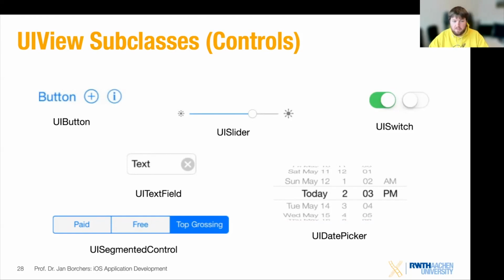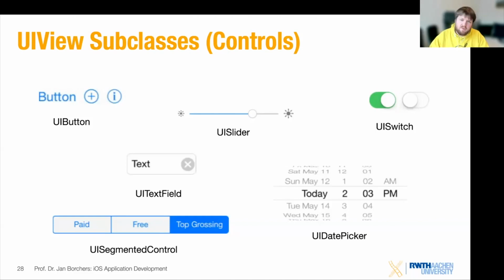So for example, this is something filtering the app costs or earnings that you have, whether it's your paid apps, your free apps, or your top grossing apps. But there are also more complex controls like the UIDatePicker that you can use directly.